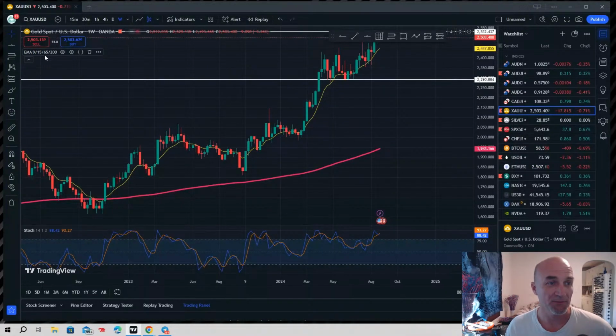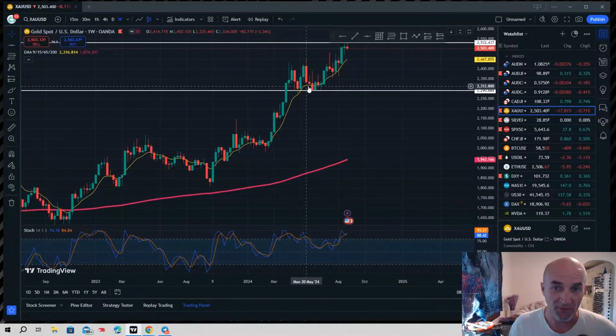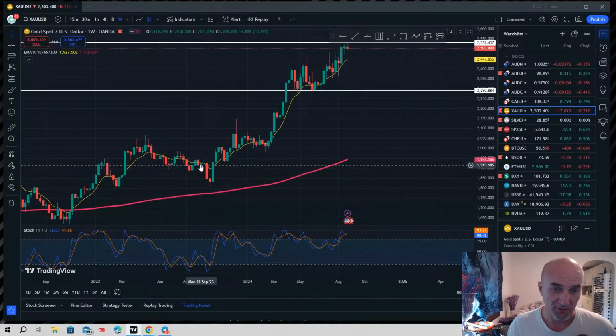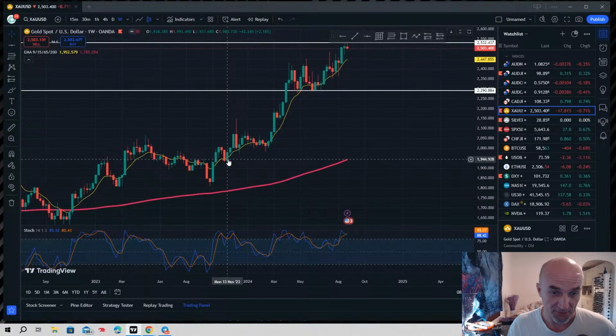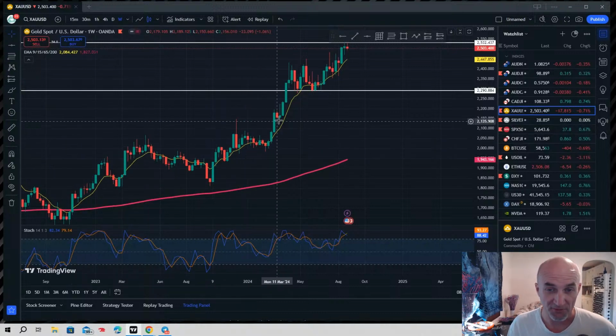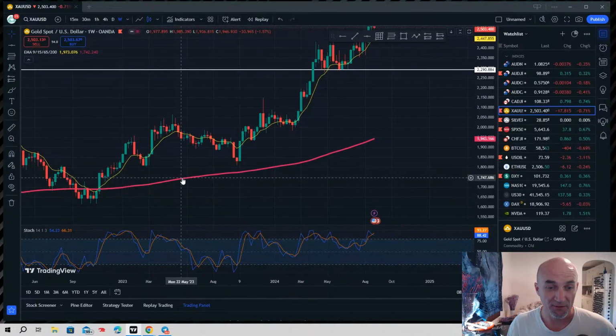I hid the 15 and the 65-day moving averages, and I have the MA9, which is the yellow line right here, coming up through the candlesticks. So basically, the EMA9, it's only a 9-day moving average, so usually it stays very close to the candlestick patterns. Now this other one is the 200-day estimated moving average.